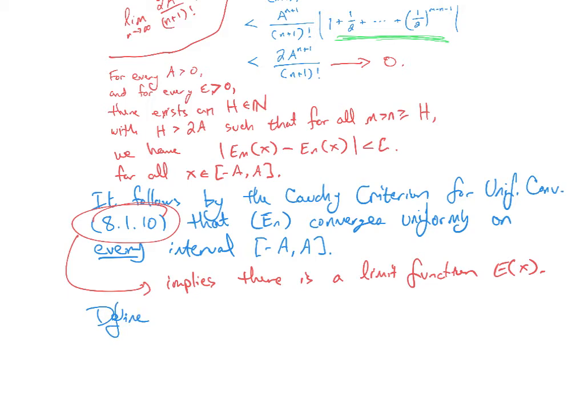Well, we should define the limit here. So for every real number x, we're going to define e sub x to be the limit of the e sub n's at that point.